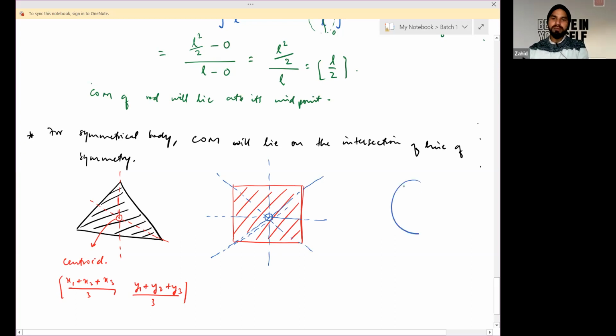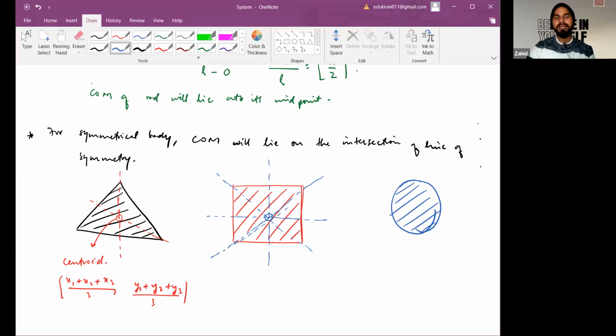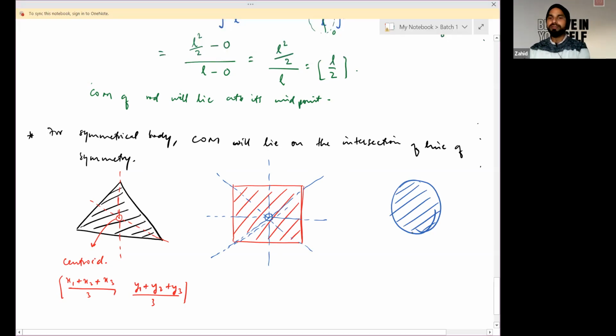Similarly, if you have a circle, we'll say the center of mass will lie at its center, which will be the intersecting point of its lines of symmetry, and that will be the intersecting point of its diameters. Let's say along this direction, along this direction. So it will be at this point. Is it clear? Yes, sir.